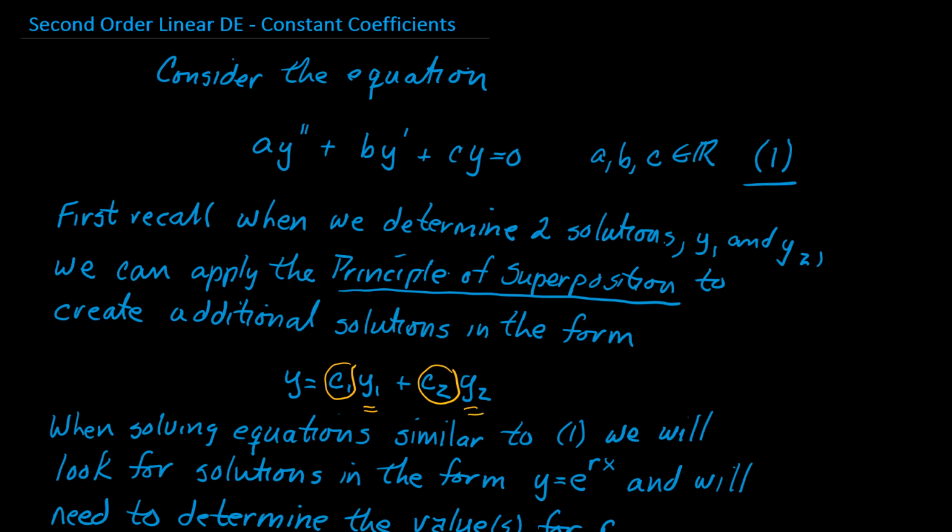Essentially, you're going to wind up with solutions that are linearly dependent on the first two solutions that we obtain. So when we obtain two solutions, from that we can create an infinite number of additional solutions, all of those linearly dependent on the two solutions that we've already solved for.